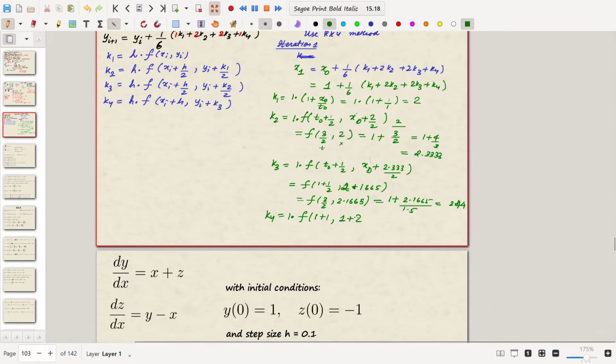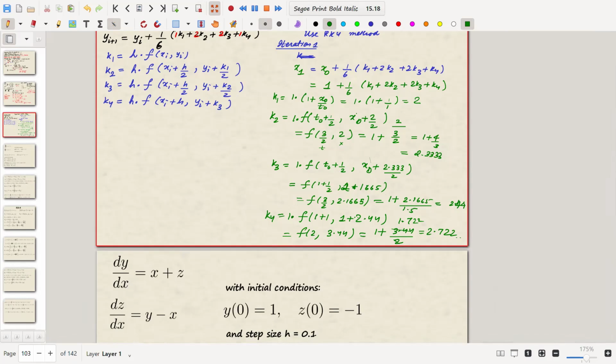K3 is 2.44. So this should be f of 2 comma 3.44. So this should be 1 plus 3.44 divided by 2. Okay, so K1, K2, K3, and K4 we got.